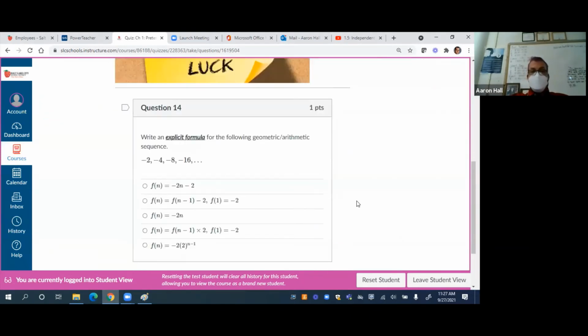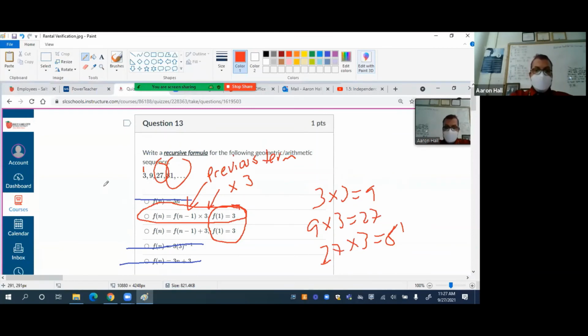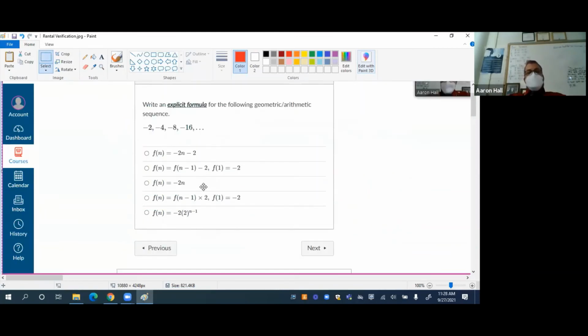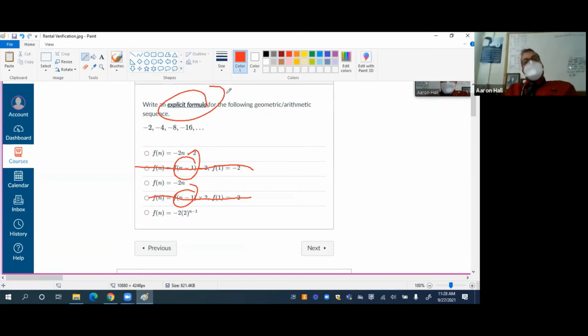All right, let's look at the next one, explicit. This is explicit, so I can rule out which ones? Yeah, we can rule out this one, and we can rule out this one, because both of these say previous term. And an explicit formula does not use the previous term. We can solve for any term directly.